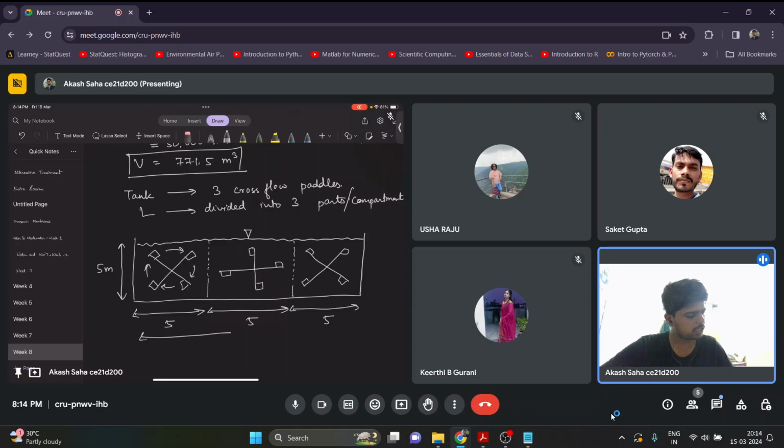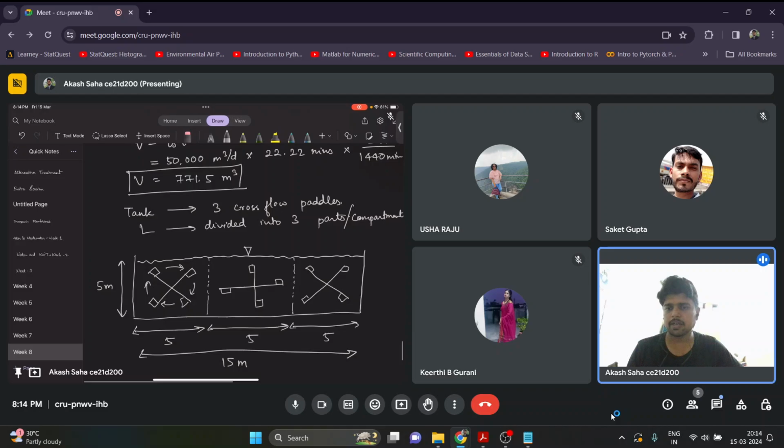So my total length will become 15 meters.